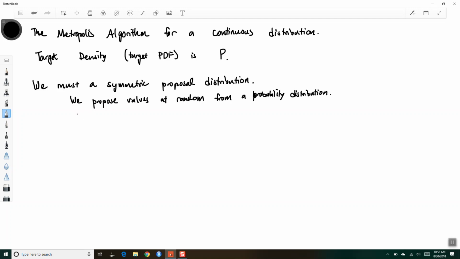And symmetric means this. Okay, we propose values at random from a probability distribution, and let me include one more line, based on our current location.